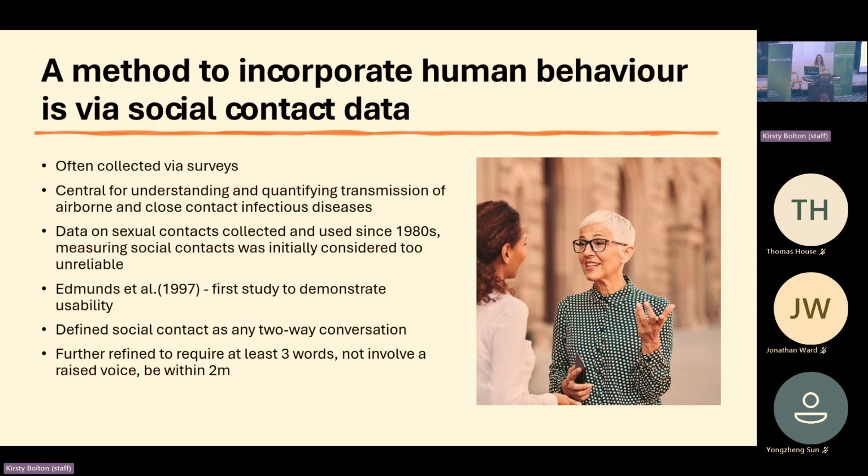It's often just defined as a two-way conversation, and this was further refined to say that it should require at least 3 words, not involve a raised voice, and be within 2 meters. There are sometimes other definitions as well, and often you're asked whether there was any physical contact involved, and how long the interaction lasted.